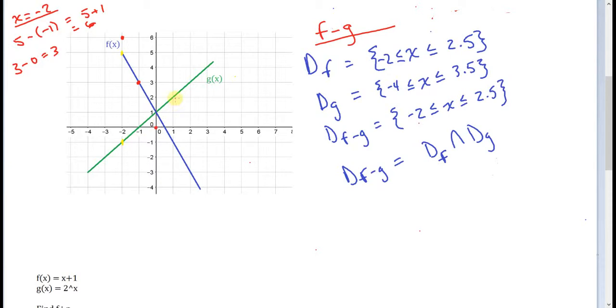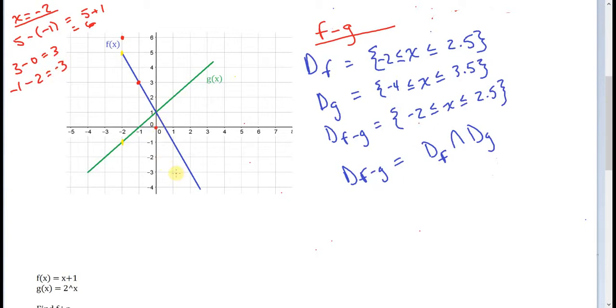Next point, now you have to be careful here, you can't just do top minus bottom, because we're doing f, the blue one, minus g, the green one. So we have, I'm going to write it out so I don't make a mistake, negative 1, subtract 2 is equal to minus 3.